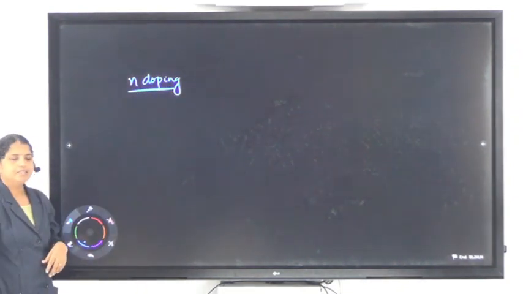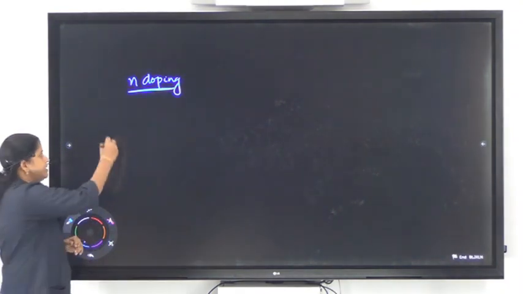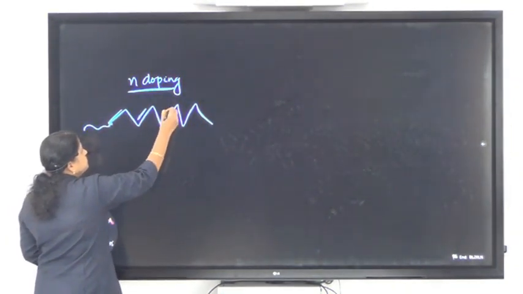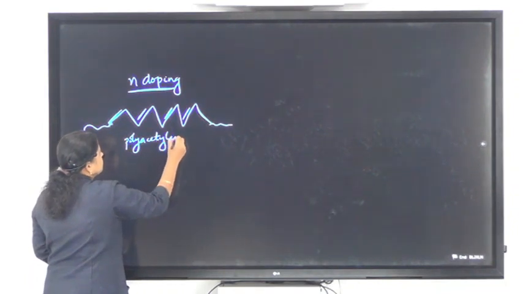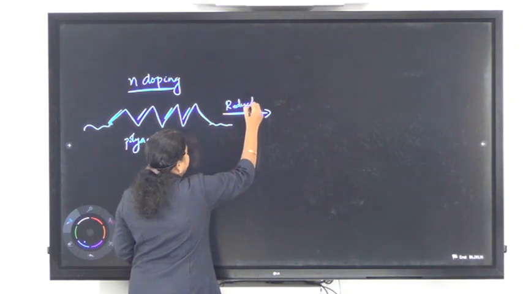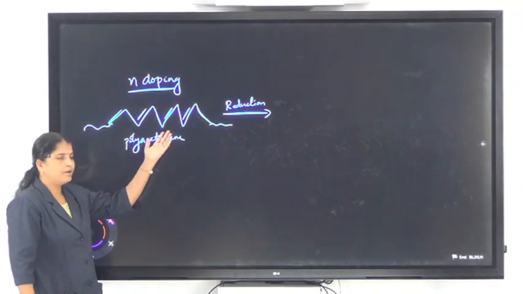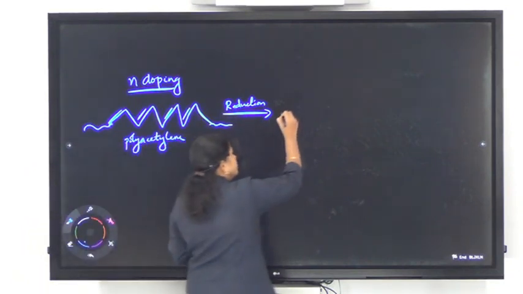In n doping, some reducing agents are added into the polymer backbone. We can see this is the polyacetylene molecule. Reducing agents are added, therefore reduction takes place. So it donates electrons into the polymer backbone, so it gets additional negative charge or electrons.